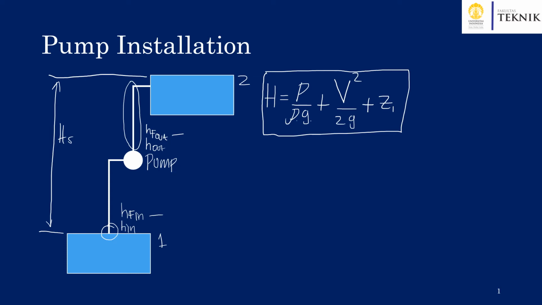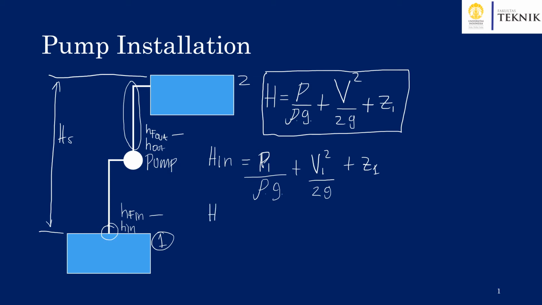So we can write it down for the inlet as pressure 1, for point 1, divided by density and gravity, plus velocity at the inlet to the power of 2 divided by 2 times gravity, plus the elevation at the inlet, Z1.